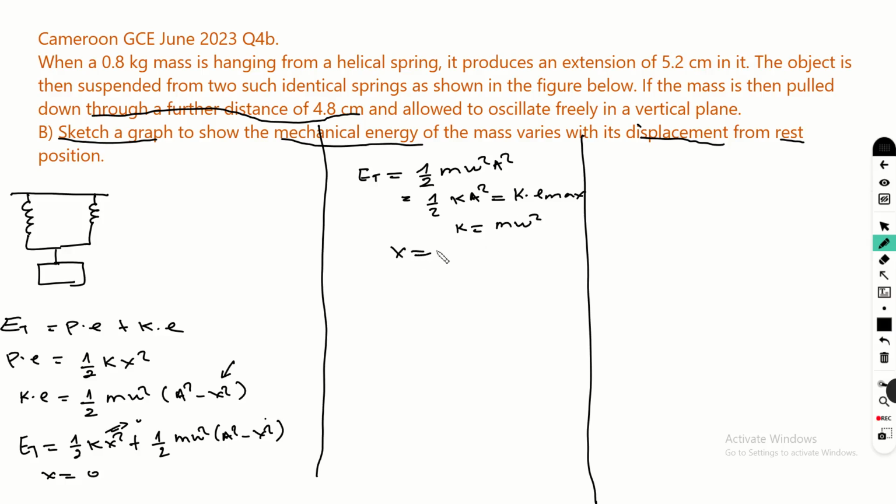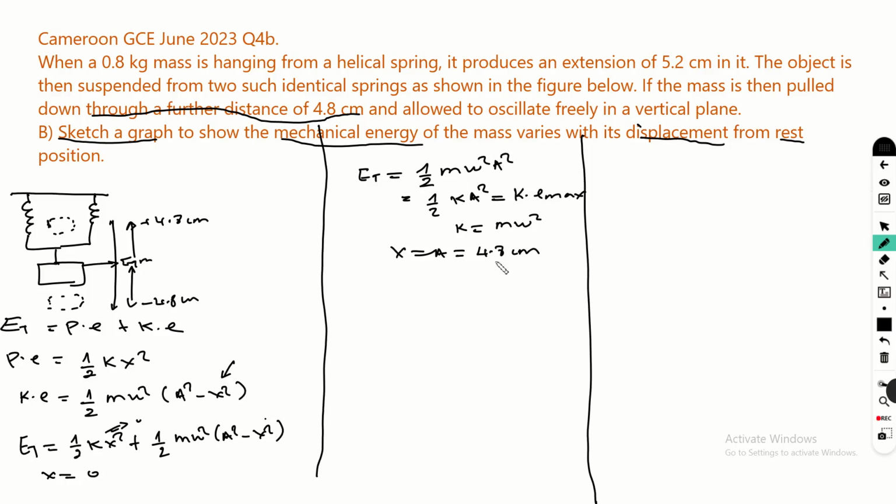Now, when x equals a, the amplitude here is 4.8 centimeters. That's why, from this equation, when you put through a distance of 4.8 centimeters, it means that if this is the equilibrium position, it moves down minus 4.8 centimeters, and it moves up a positive 4.8 centimeters, if we take the up direction as positive and the down direction as negative.